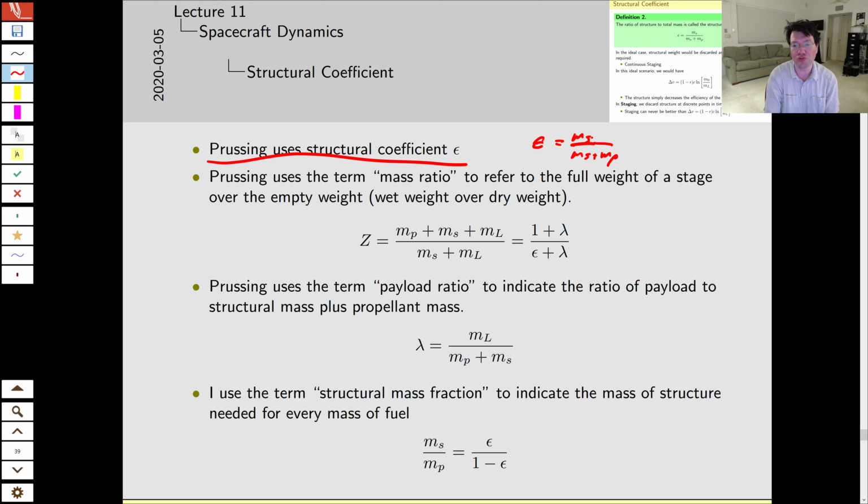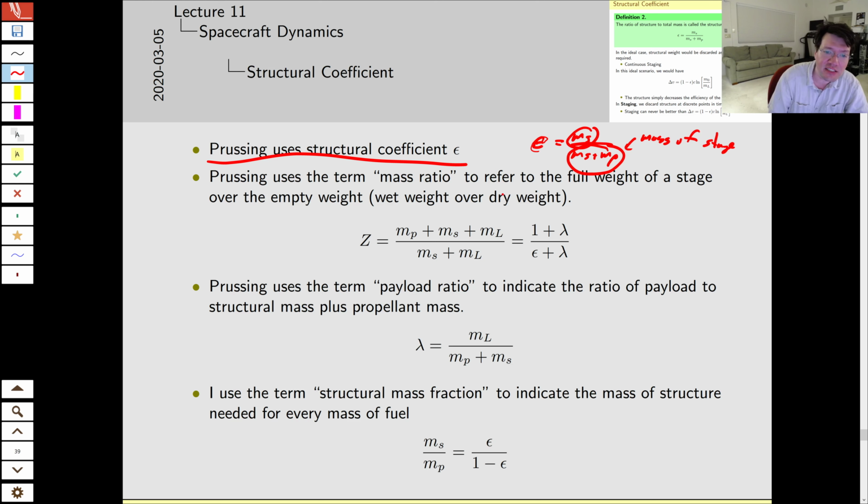This is the structural coefficient, that's the jargon they use for that, which indicates the mass of structure for the total mass of the stage. So it gives, for a given stage, how much of that stage is going to end up being structure.